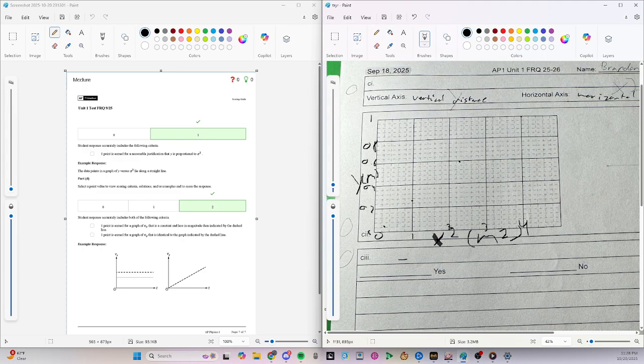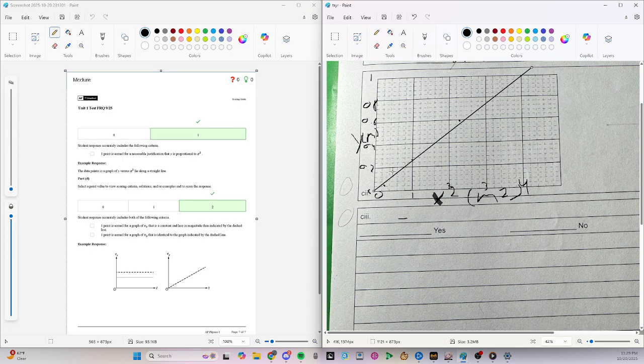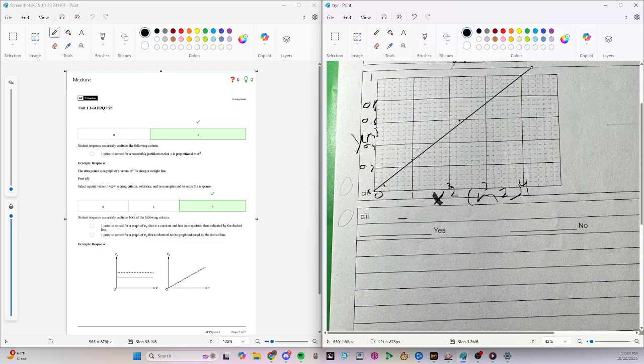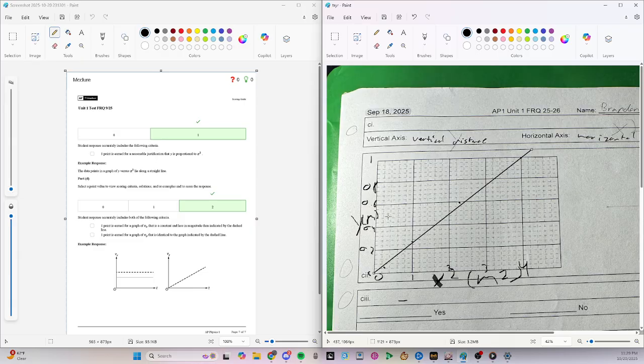It does, because if we were to graph a line from right here to the very last point, you could see that it depicts a straight line. When two functions are proportional to each other, that means that it is linear, and you can see that there's this line here, so it's linear.